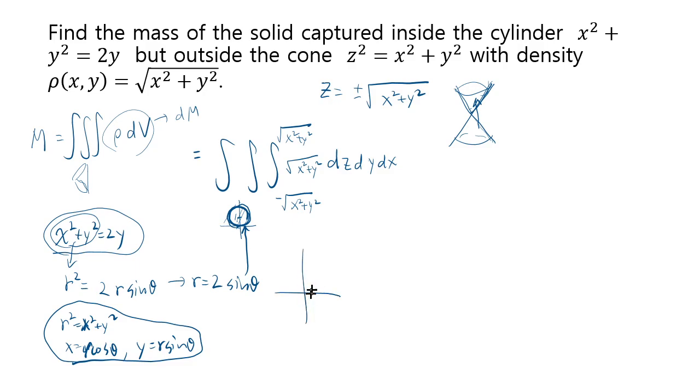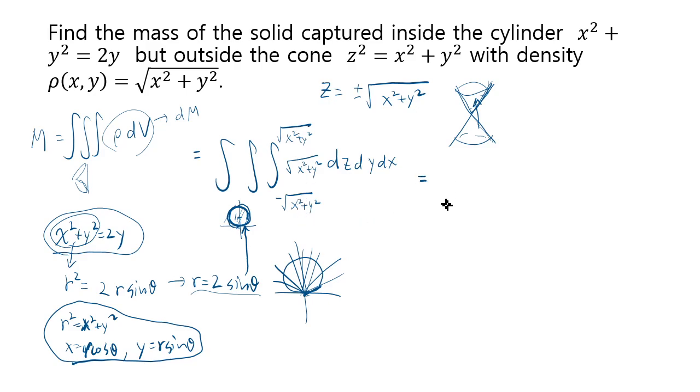If you have that curve, think about shooting rays from the center. You always start from 0 and you stop when you meet the curve, so your r value goes from 0 until r equals 2 sine theta. Also, because r is equal to square root of x squared plus y squared, all of these can be written as r.